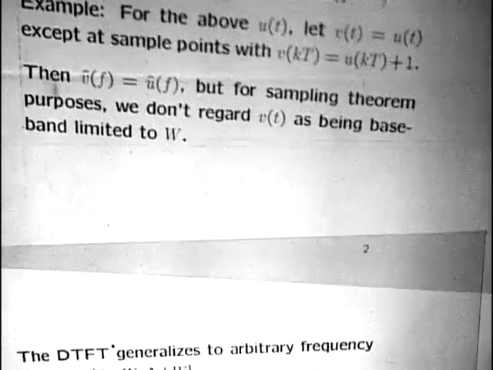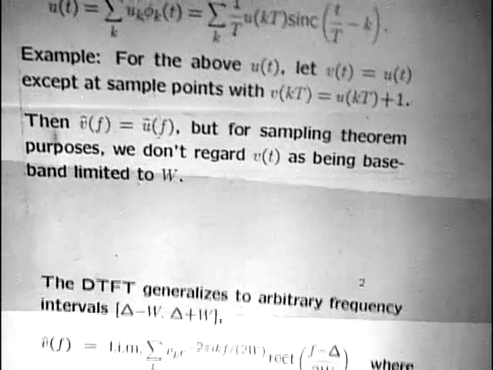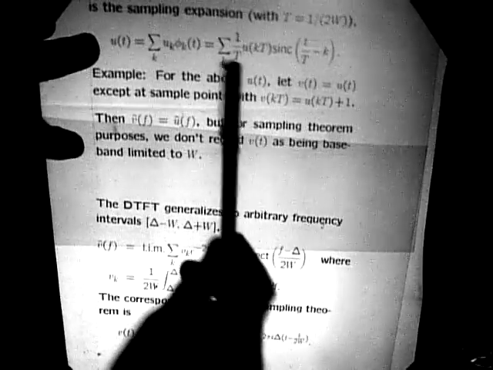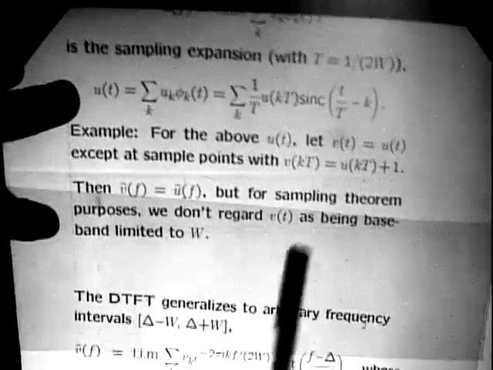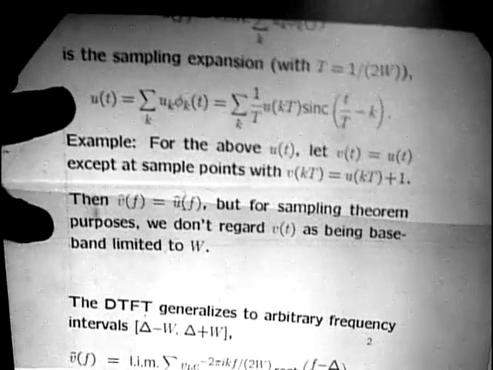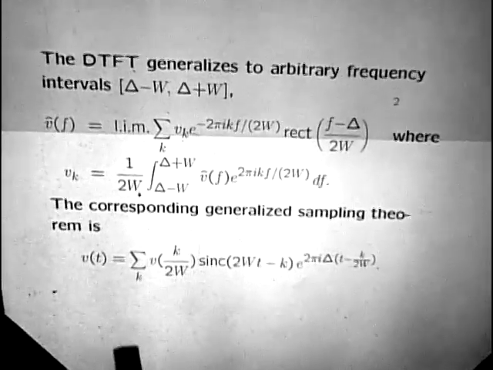Wish I could put more things on one slide, but you wouldn't see them if I could. Okay, so here the Fourier transform is a sum, 1 over T, u of kT, times the sinc function. Here, it's the same thing.